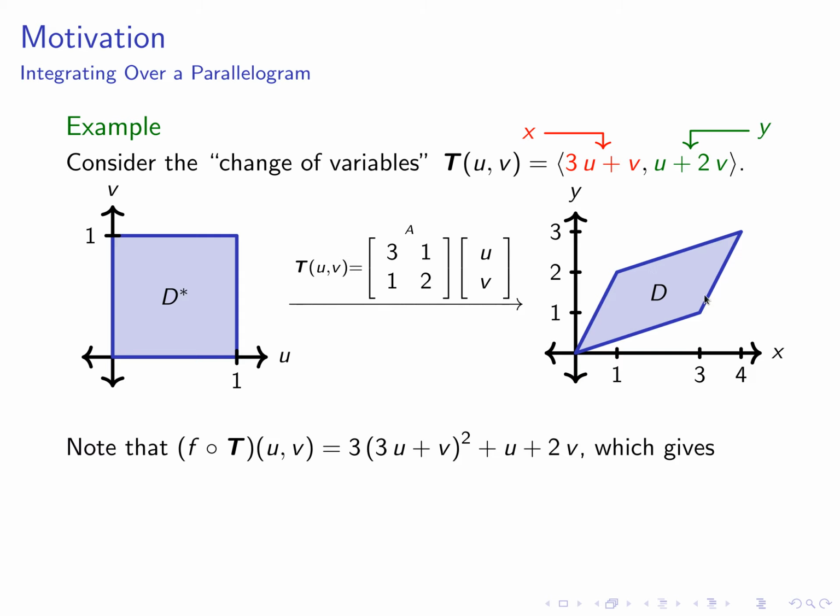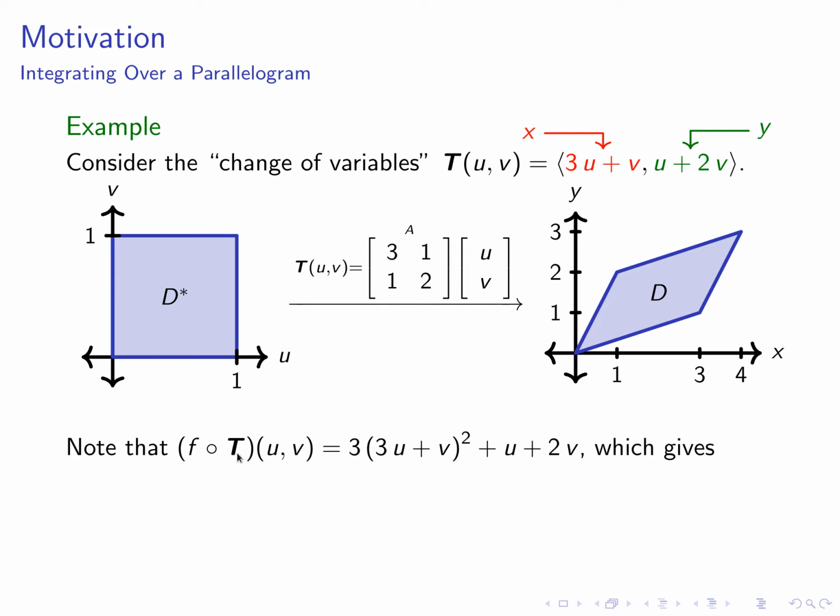So the natural thing to do here would be to compose our density function that we developed earlier with this change of variables function. When we compose these two functions, we're taking f of T of u, v, replacing our x's in the density function with the quantity 3u plus v, and replacing the y's with the quantity u plus 2v. Well, the original formula for f was 3 times x squared plus y.